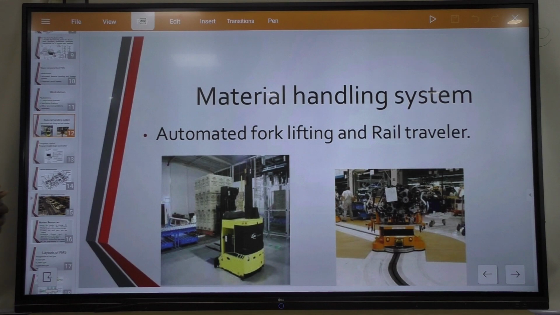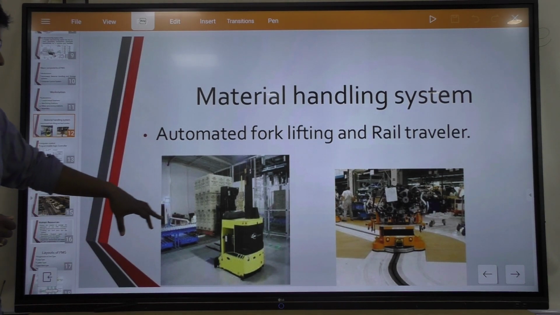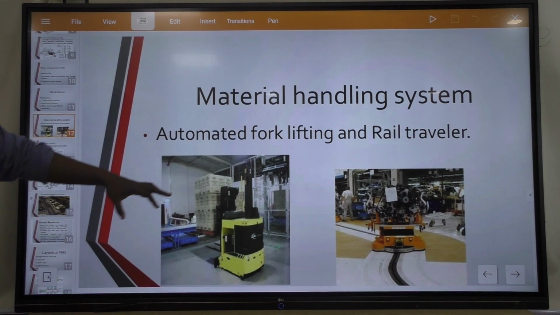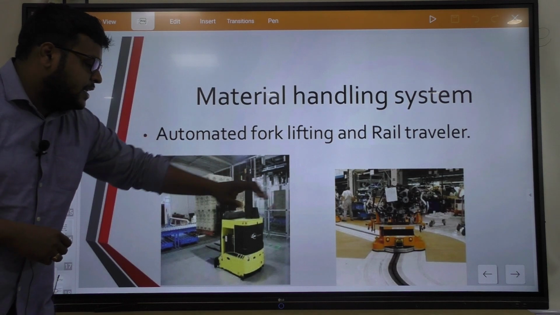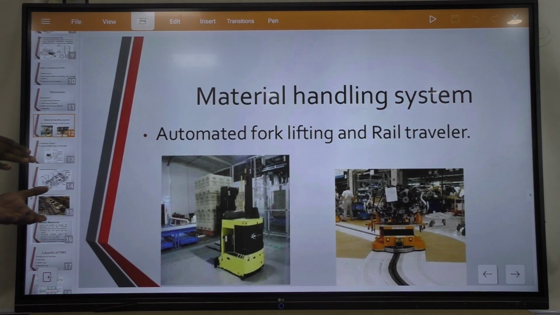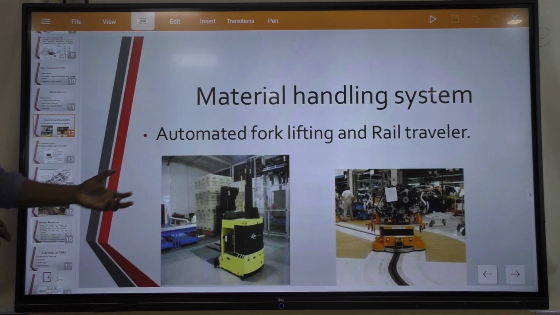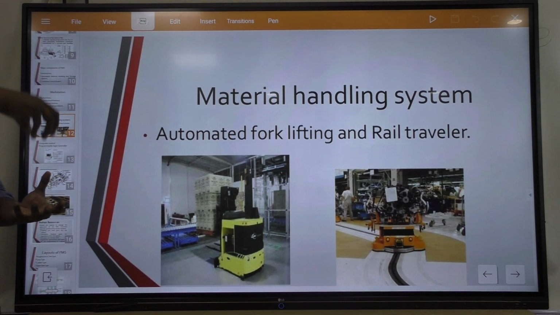Then the material handling system, automated forklifting and rail traveler. Now see, these are the different types of machines. In this you can see that a rail track has been used. It is a path by which the machines will travel. That path it will follow, and it can do different things like lifting an object or unloading an object.